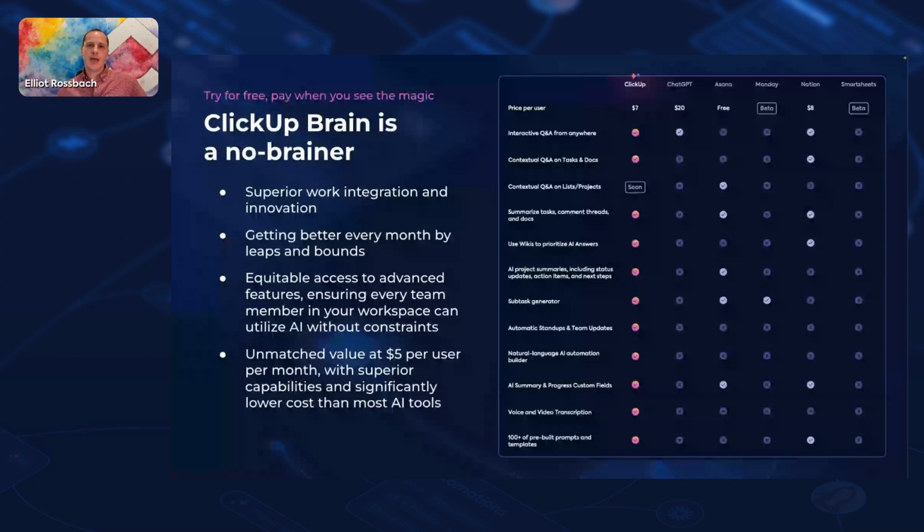So you can ask ClickUp AI about things that are taking place outside of your workspace and inside of your workspace, linking all of that work and information and insights together. So you can see ClickUp AI not only matches, but often actually surpasses our competitors, providing unparalleled value to our users.